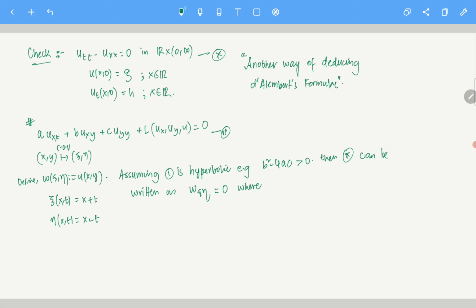You have a change of variable, and if you define w of (xi, eta) to be u of (x, y), then assuming there is a solution u, let's say this linear equation 6 is hyperbolic. Of course, star is hyperbolic. I am assuming that you know what a canonical transformation is. So this is called a canonical transformation.